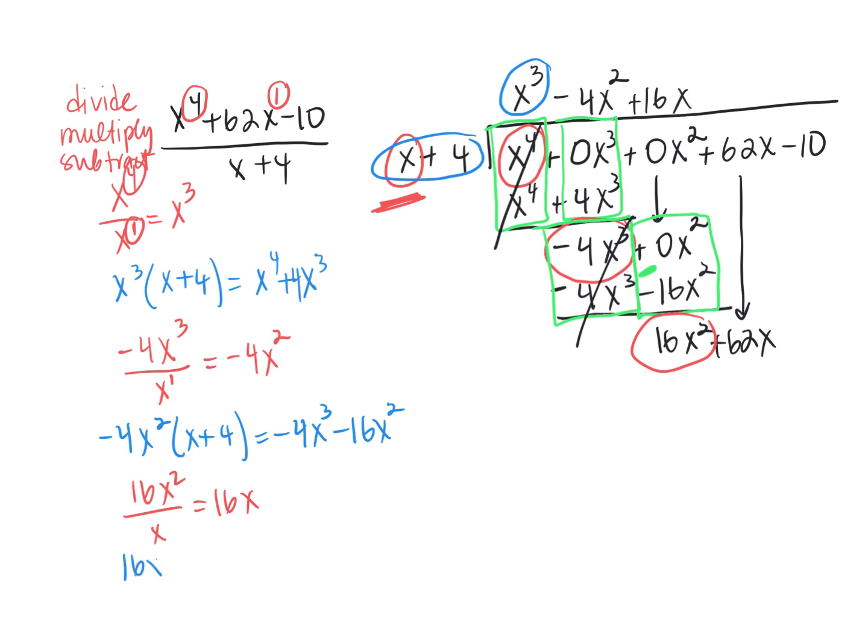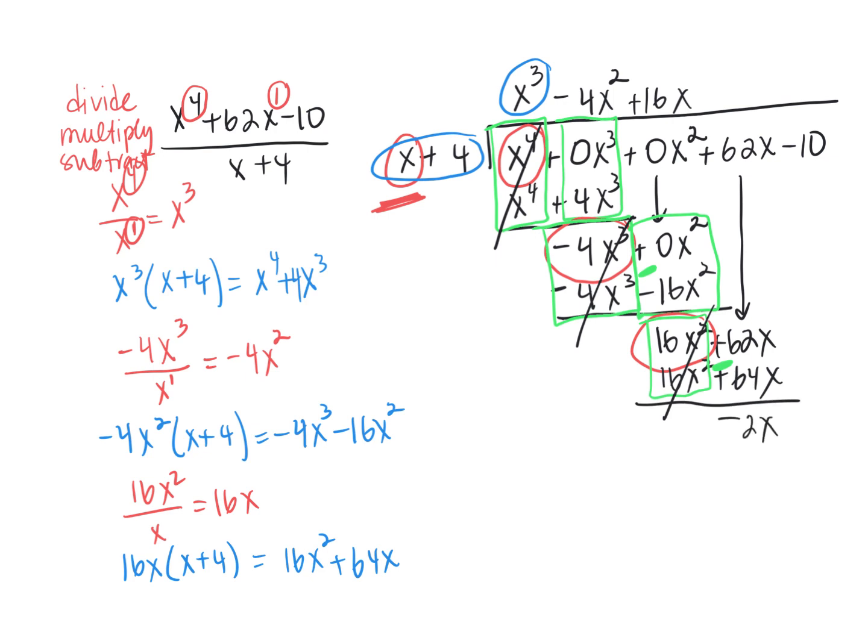So 16x times x plus 4, which gives us 16x squared plus 64x, and it goes below the box. Now we do our green step, which is subtraction. 16x squared minus 16x squared, that's canceled. And then 62x subtract, because we're subtracting 64x, gives us negative 2x.